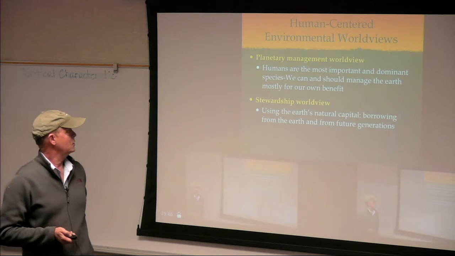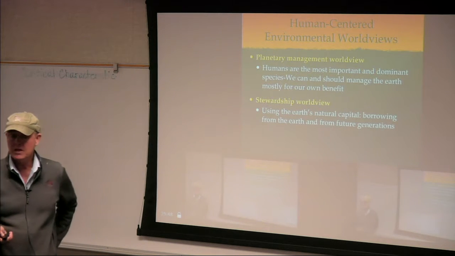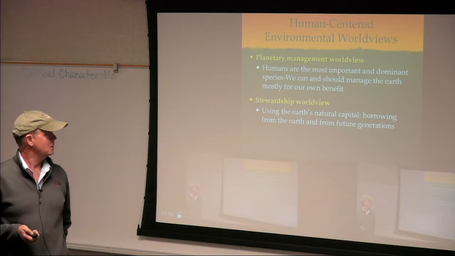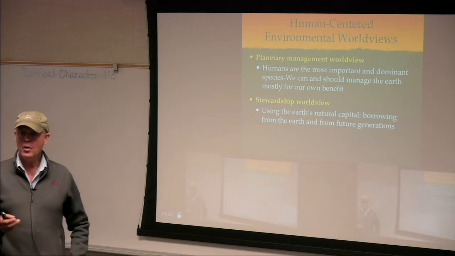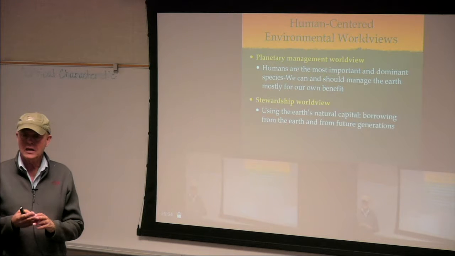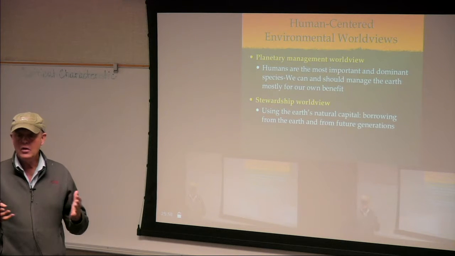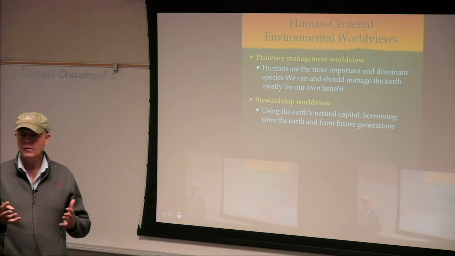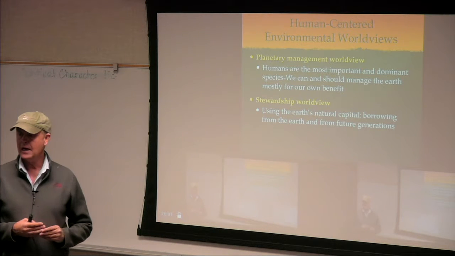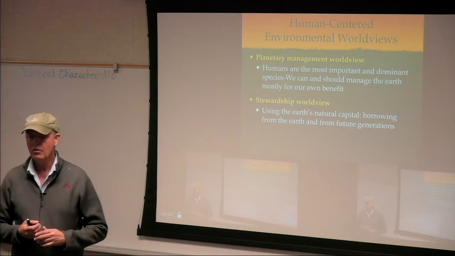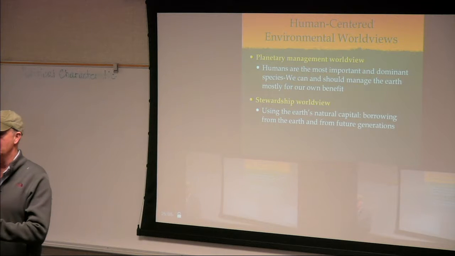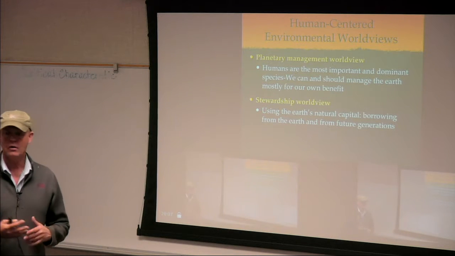Okay? So there's three that the book mentioned, and I think they're good categories. And the point of this is not to study them, but to look at where you fit. Where does your worldview fit? You're not going to be one or the other, just like I hated when people say you're a Republican or a Democrat, or you're a conservative or you're a liberal.